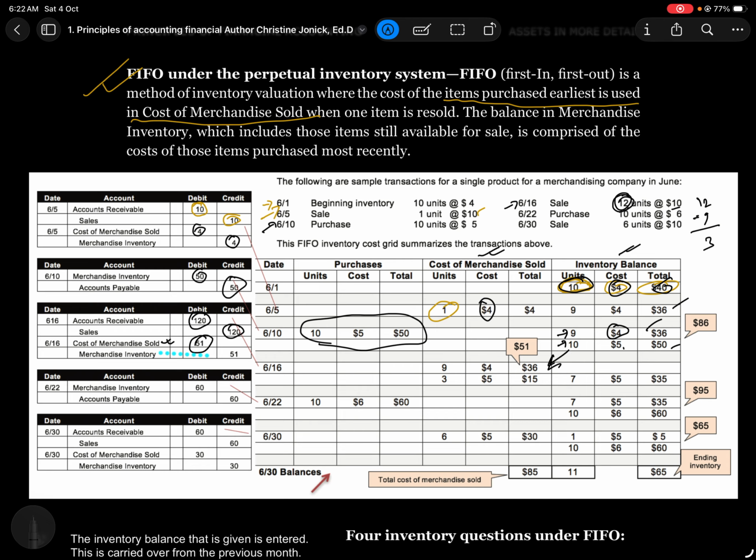So we get rid of the first item that was bought, and then we move on to the next one. If it had been LIFO, what would happen? We would have taken 10 first, and then 2 from here, because we are selling 12 units. So 2 from here, 10 if it was LIFO.